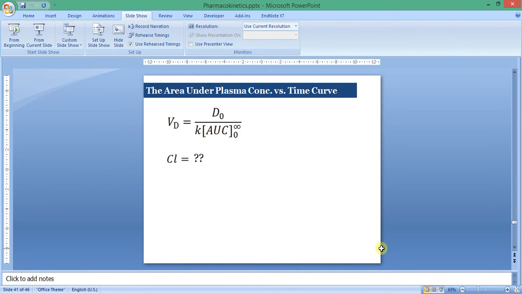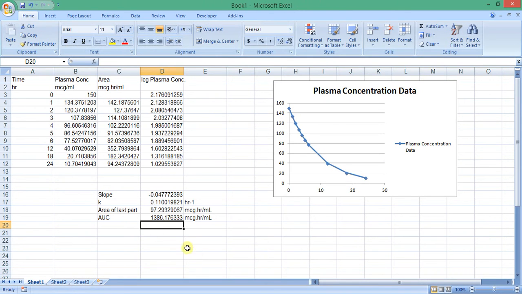The apparent volume of distribution can be calculated using this equation, the dose divided by K times AUC. We will use this new equation to calculate the volume of distribution. We need first to have the dose.